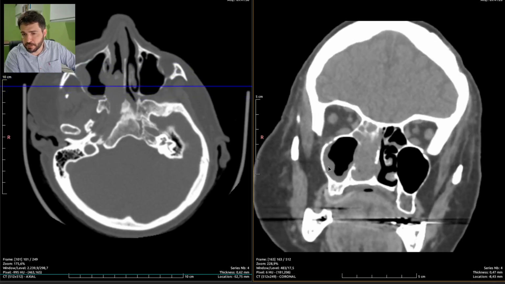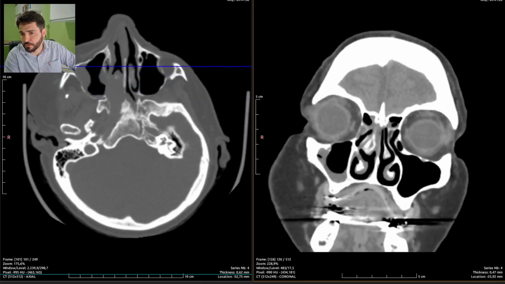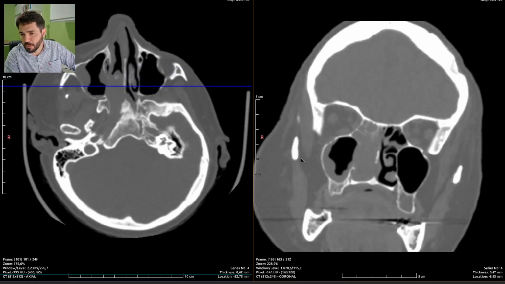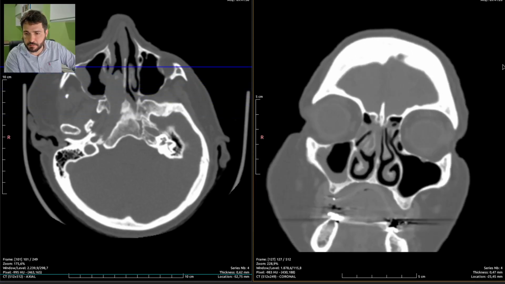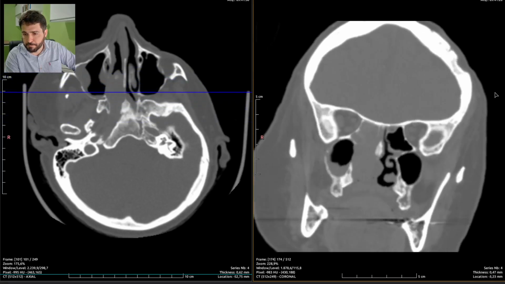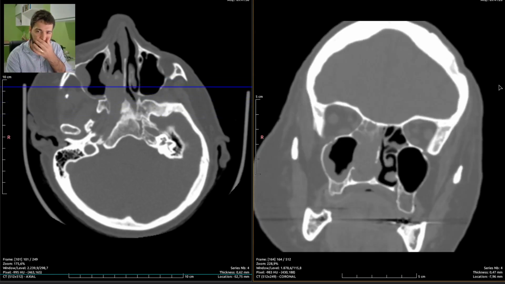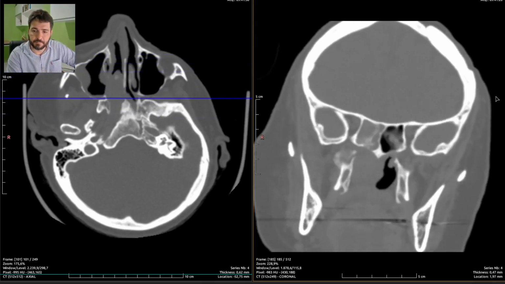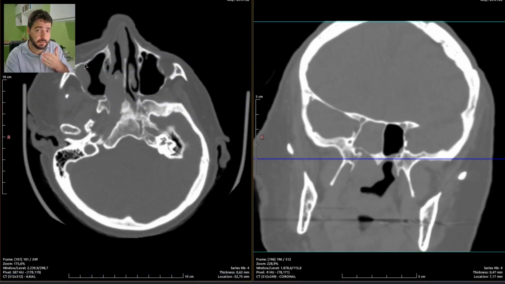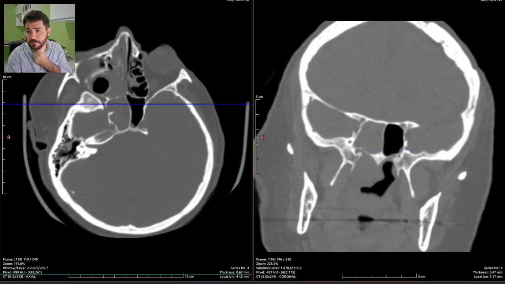So also the middle meatus and the medial wall of the right maxillary sinus is eroded. So this is an aggressive infiltrative mass on the right nasal cavity, and the most common diagnosis in such patients, such an elderly patient, is squamous cell carcinoma.